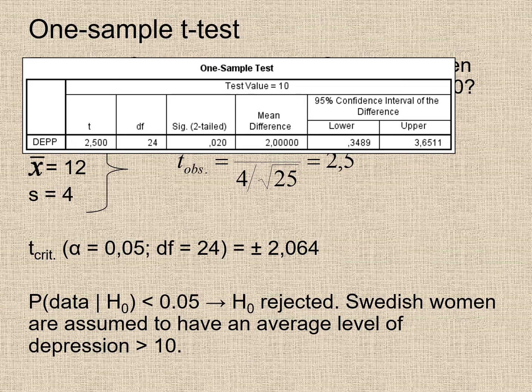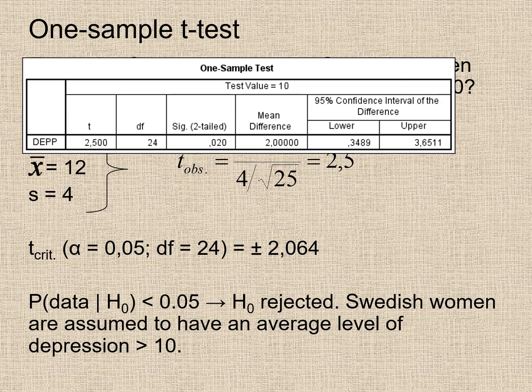So this tells us that if the population mean is 10, then the probability of getting a sample mean that deviates this much or more, 2.5 standard errors or more from the value 10, that probability is only 2%.